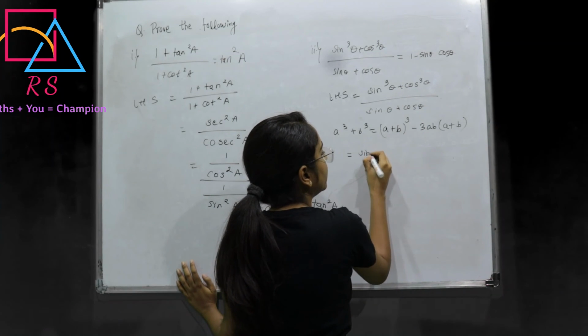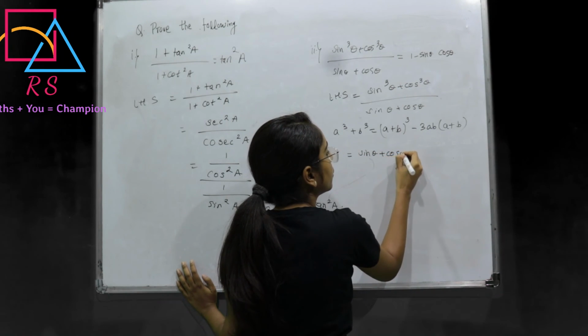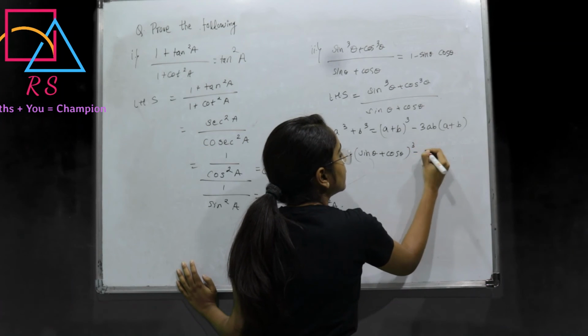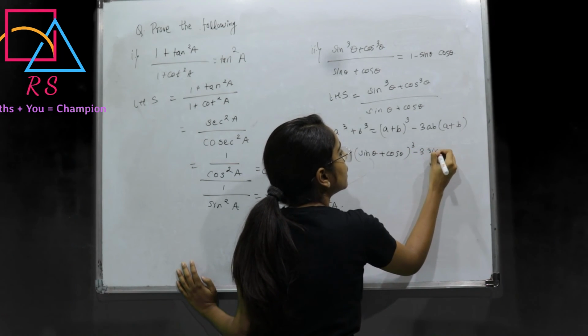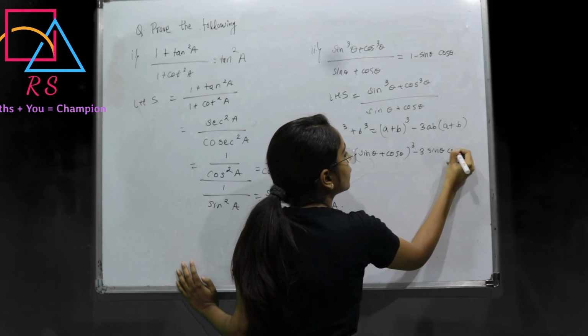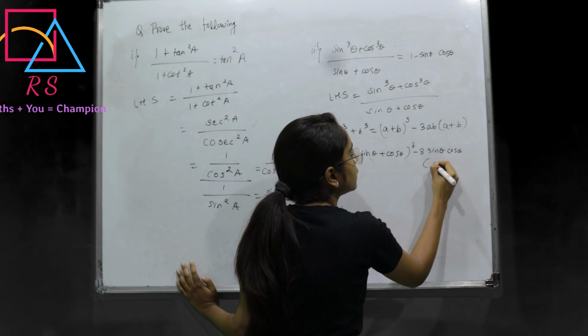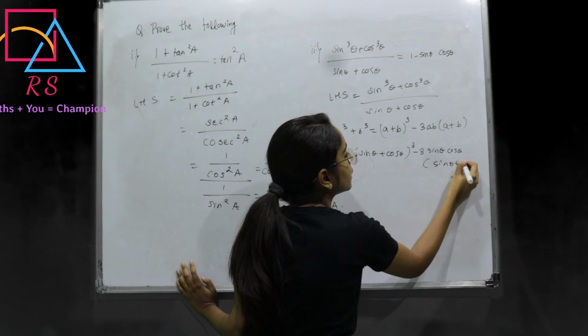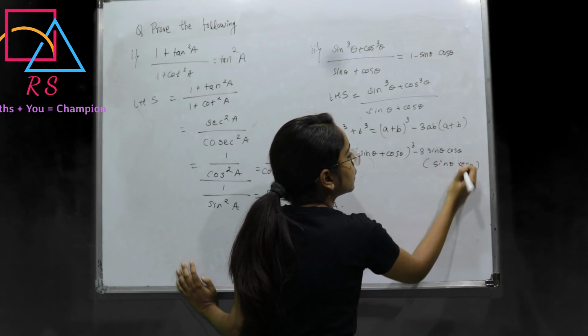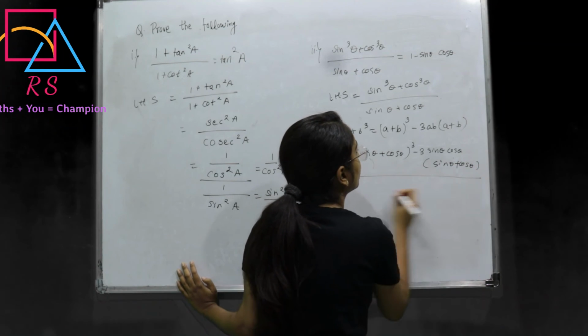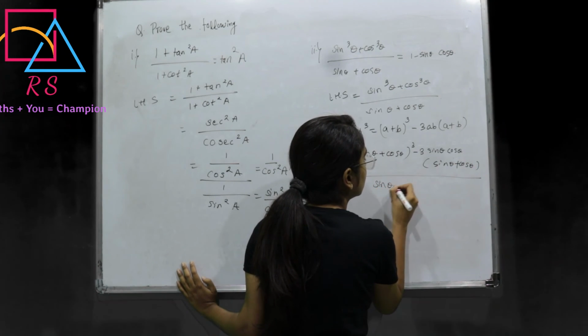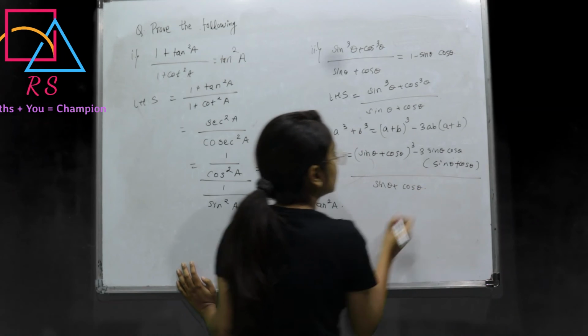So I will apply it: (sin theta plus cos theta) whole cube minus 3 sin theta cos theta (sin theta plus cos theta), upon sin theta plus cos theta.